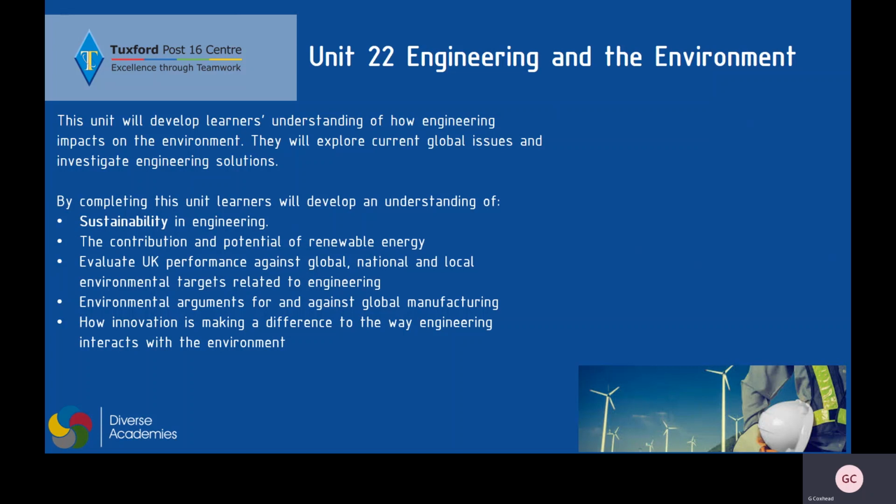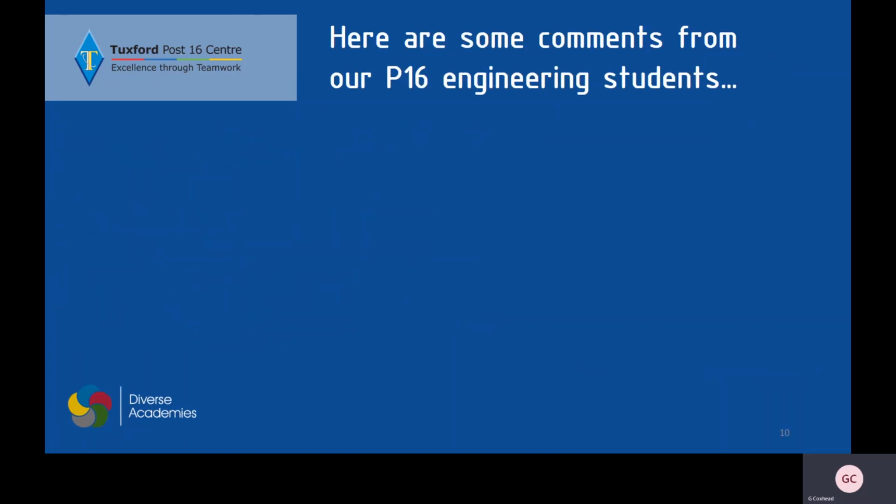Evaluating performance locally, nationally and globally, and how that applies to engineering. Arguments of engineering for environmental and global manufacturing, and how innovation is making a difference in the way that engineers interact with the environment. Again, this is assessed through a portfolio of work, which is internally assessed and externally moderated, and is the second of the 2 portfolios of work which students will submit.